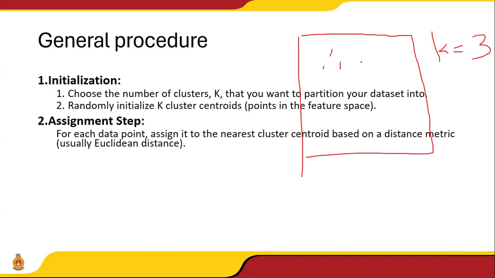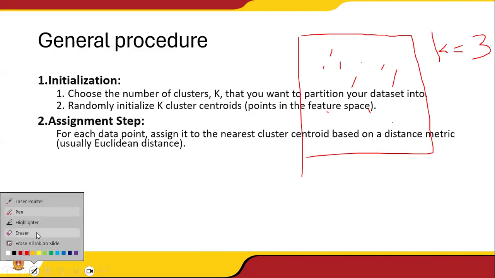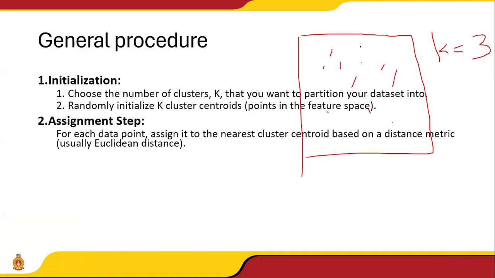These are all data, all of these places. I change the color, and here you can see I have 3 random dots, 1, 2, and 3. These are 3 random places that I have defined as my centroids.